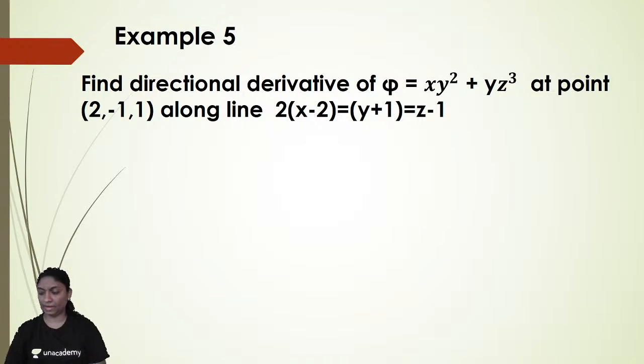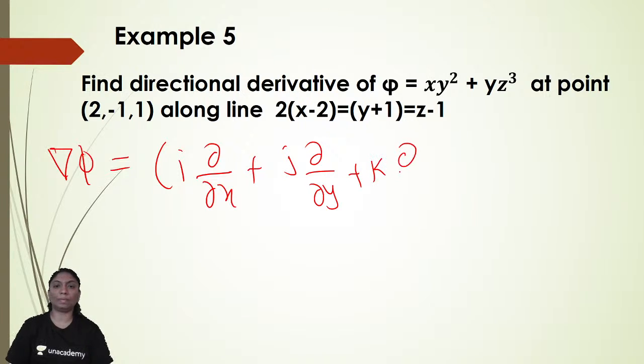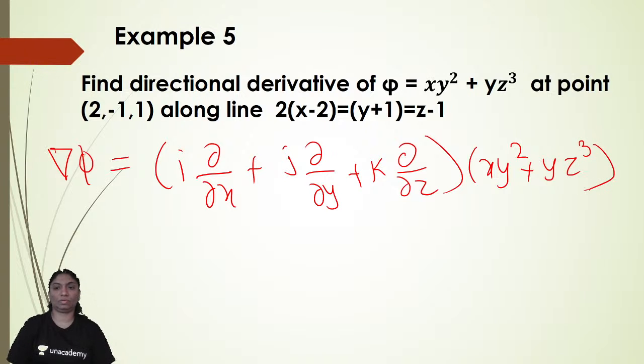So you will get the directional derivative of phi. First we will calculate del phi. Del phi is equal to i del by del x plus j del by del y plus k del by del z of phi, where phi is xy square plus yz cube.